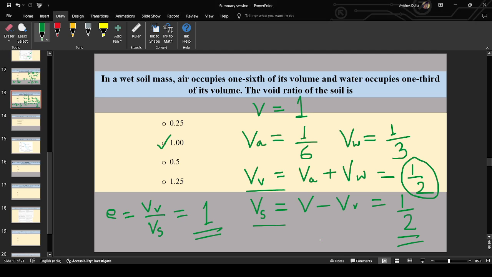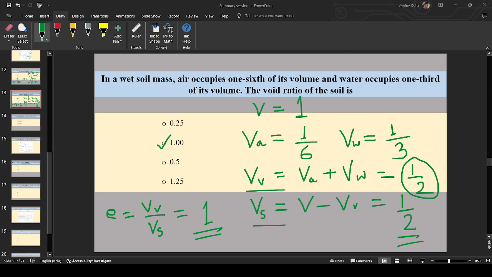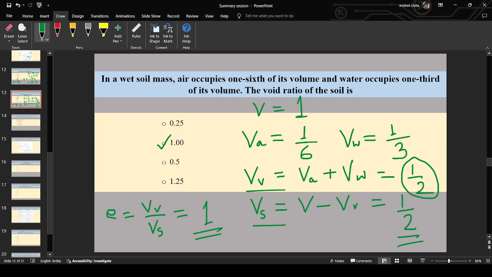And then the volume of voids divided by the volume of soil solids gives us the void ratio, which in this case is equal to 1. I hope the solution was clear. I'll go to the next question.